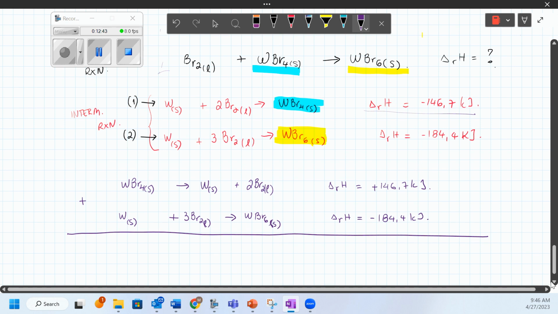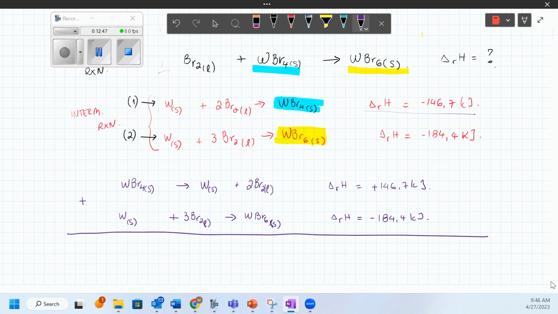And you should be able to cancel things, and then whatever is as a result of the cancellation will be the same as the focused reaction. So W being on the reactant side is canceled with W being on the product side, okay? They are on two different sides, so we cancel them out.